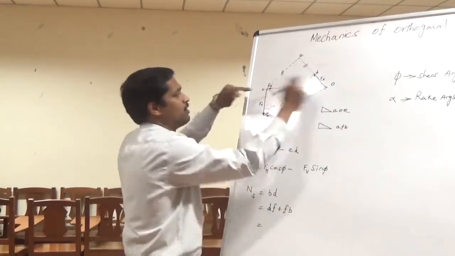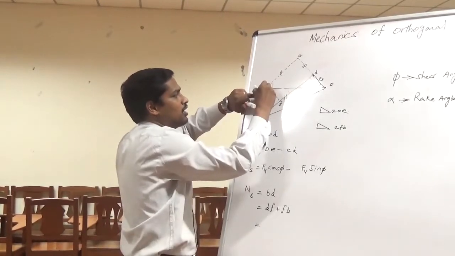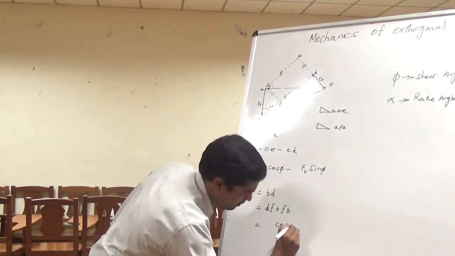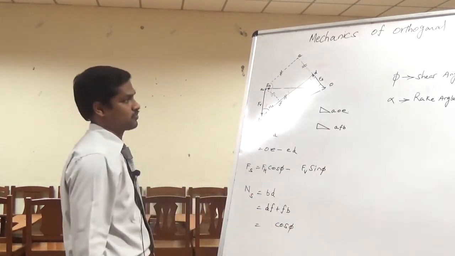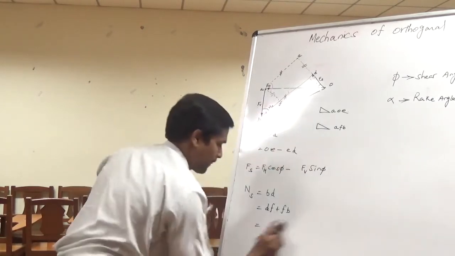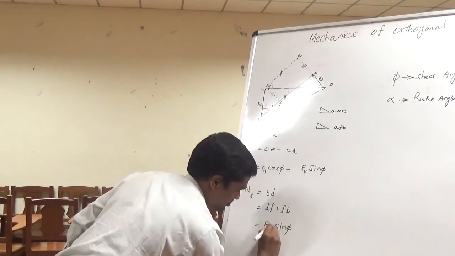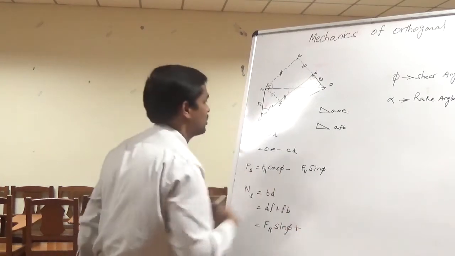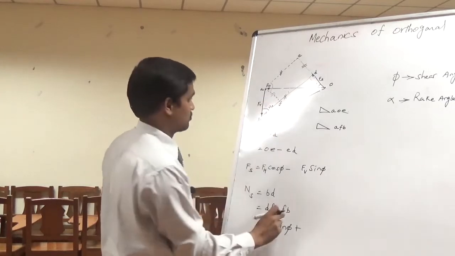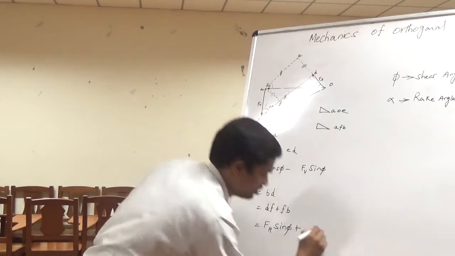First, triangle AOE relating with this AE side, its opposite side, so that's FH sin pi, plus FB, which is the adjacent side, so FV cos pi.